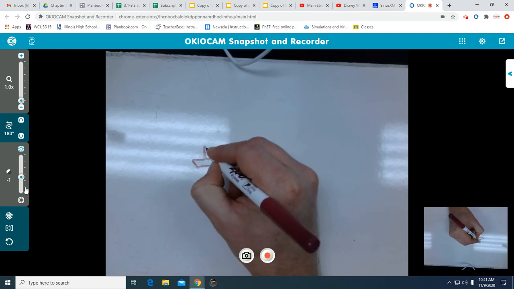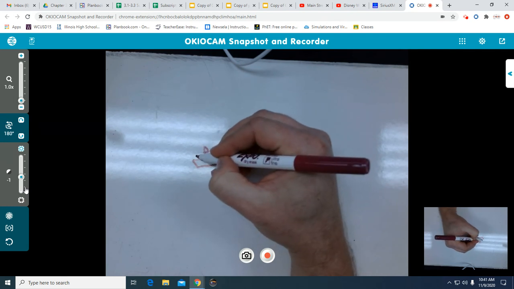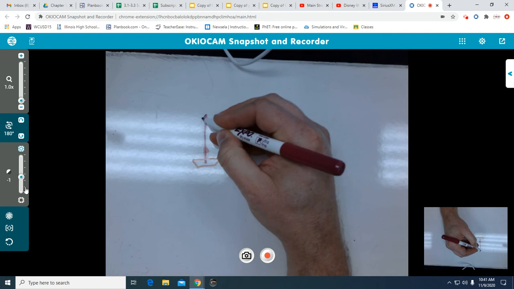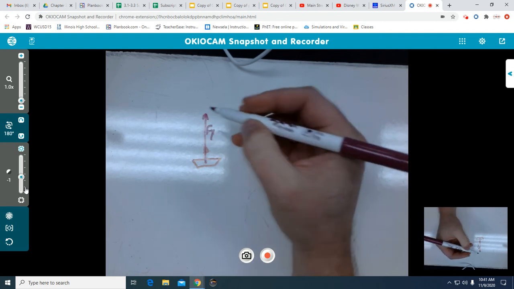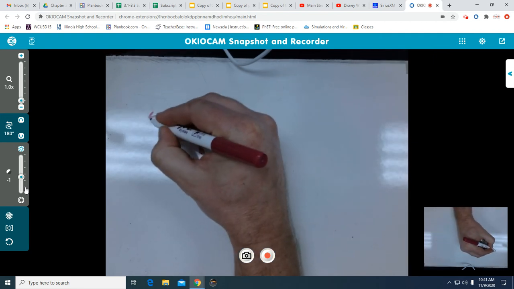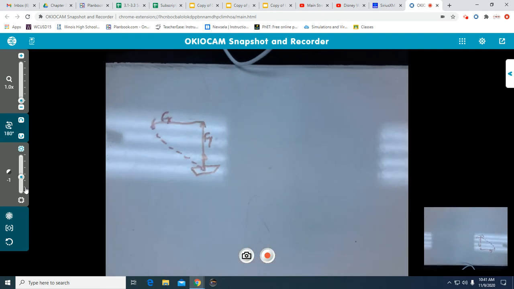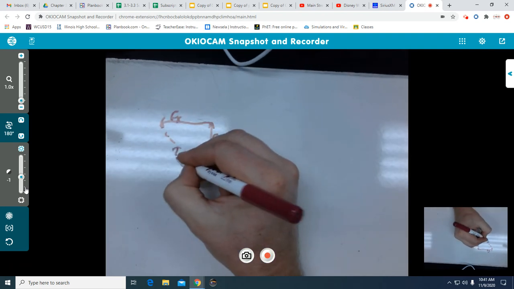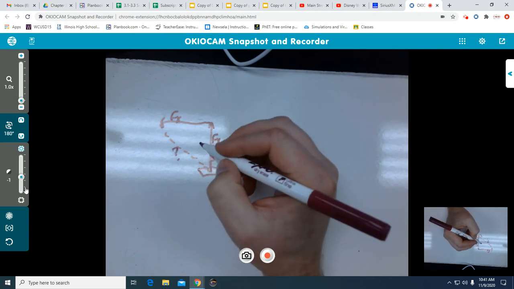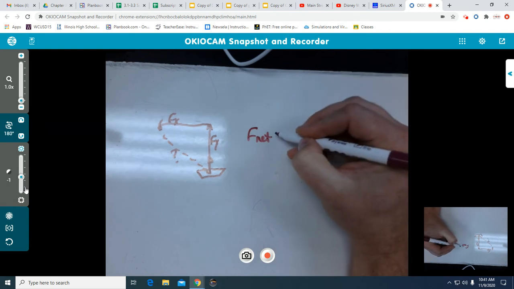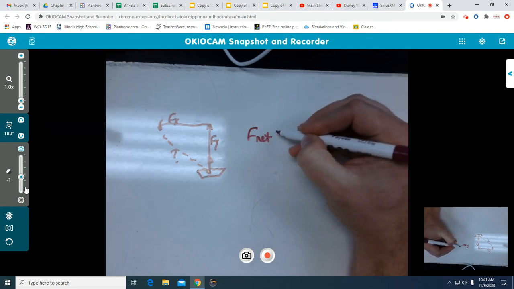Sailboat. Woo. Now the wind is going to be our Fy, and the water is going to be our Fx. Again, we need to figure out what this is. We need to find the net force acting on the boat between the water and the wind.